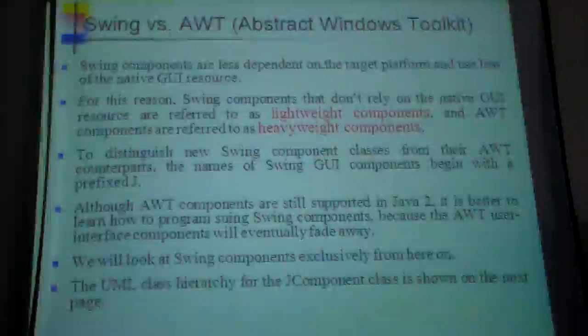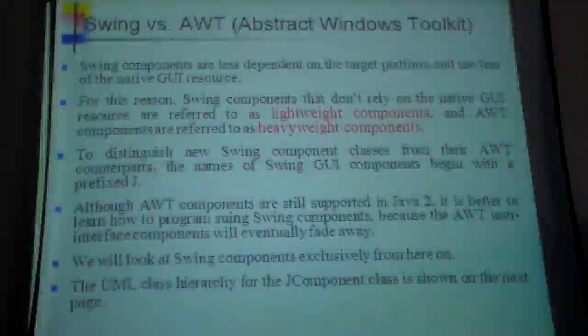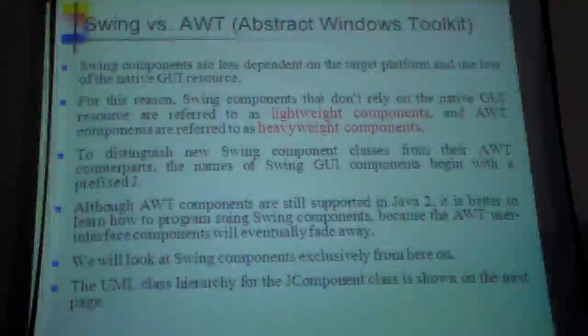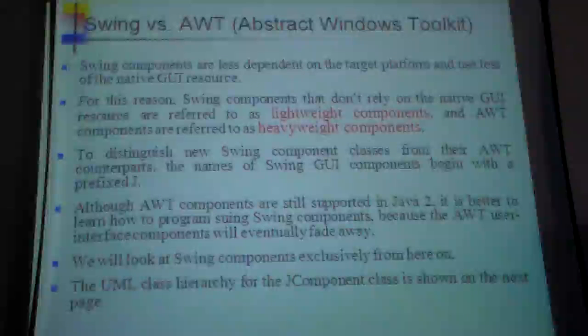You see, at this point, we said Swing components are less dependent on the target platform and use less of the native graphic user interface.